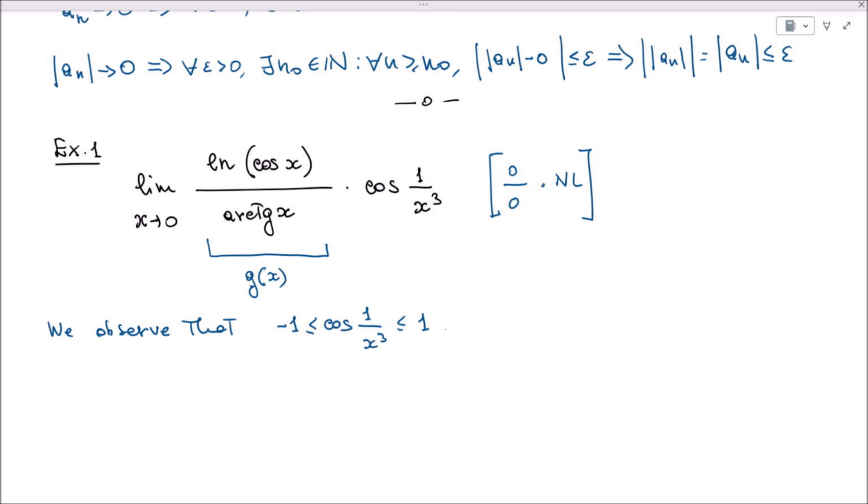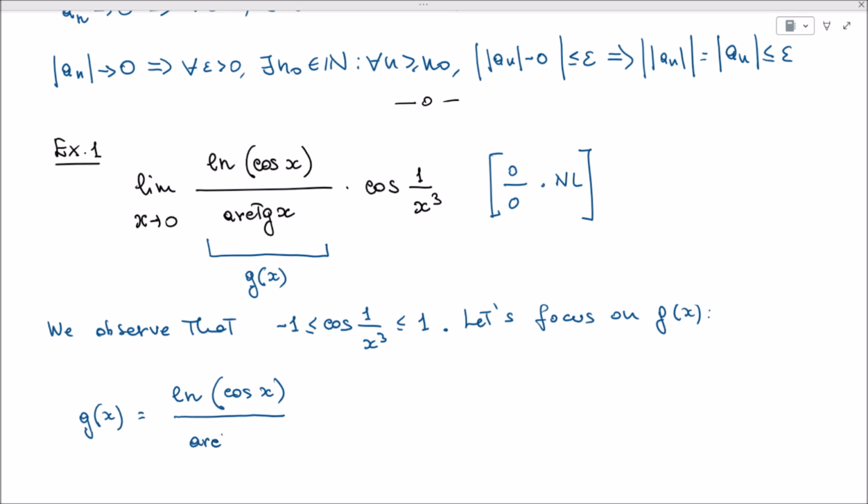So let's focus now, after doing this observation, on g of x. So we have that g of x is equal to the logarithm of the cosine of x divided by arc tangent of x.